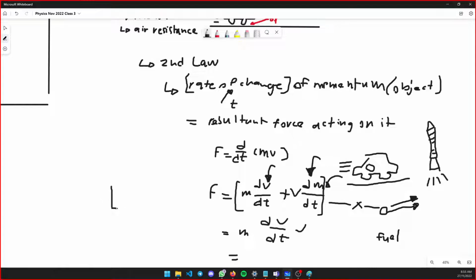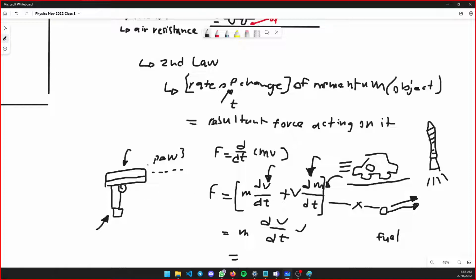When a gun is shooting, you're losing mass because you're finishing your bullets. So there's a change in mass here, and this also has something to do with the recoil action. Recoil is also a change in momentum. As it's moving forward, it's also moving backward.